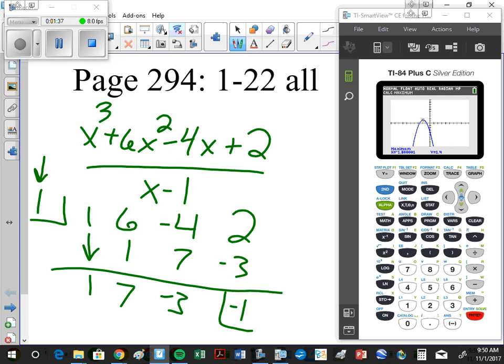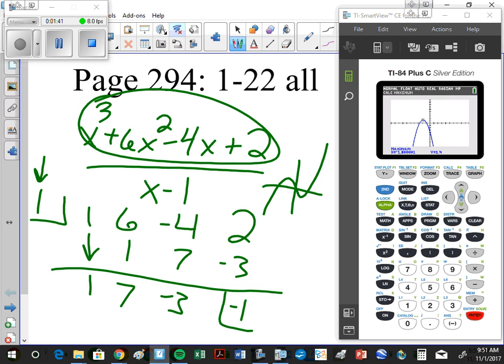So if I were to graph this, which is some kind of x to the third equation, when x equals 1, y equals negative 1. The remainder is the value on the graph at that value. So 1, negative 1 right there.